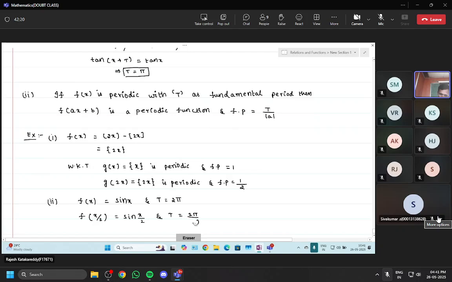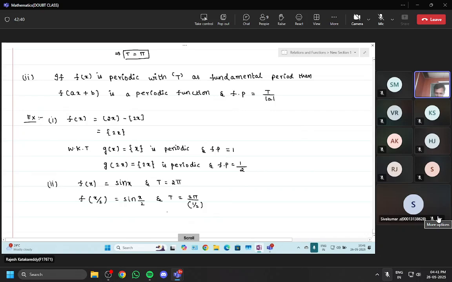I'm multiplying 1 by 2 to my x, so that's why I should divide by how much I'm multiplying. Clear? In another way, when you are multiplying to the x, you should divide the fundamental period. When you are dividing the x, you should multiply the fundamental period. So T will be equal to 4 pi.